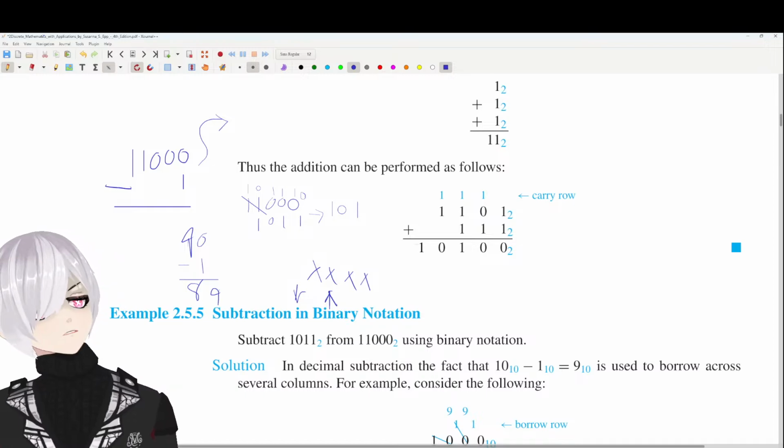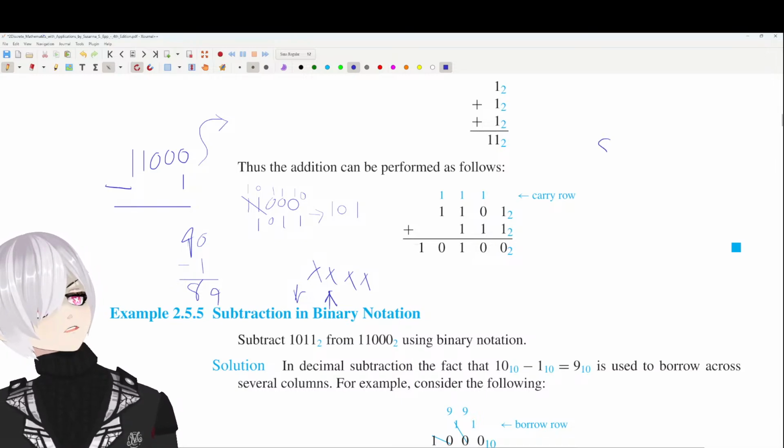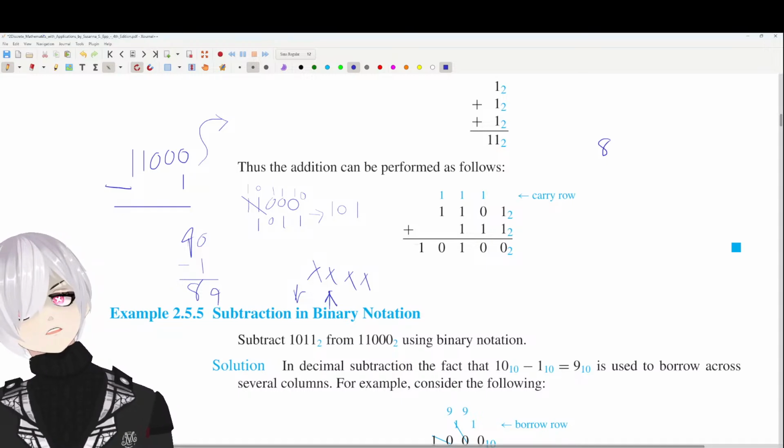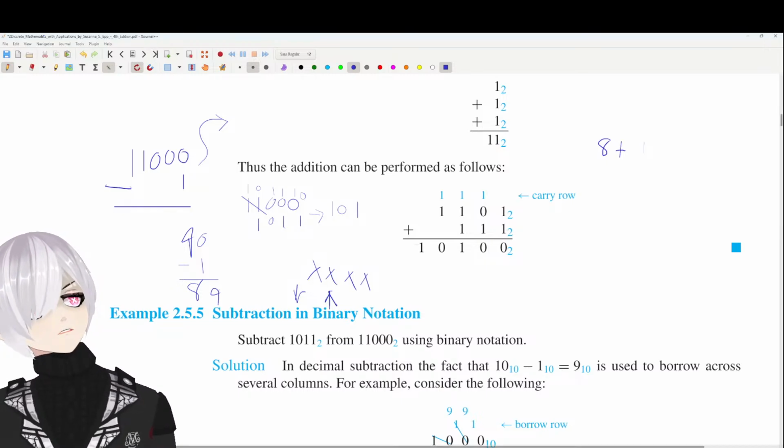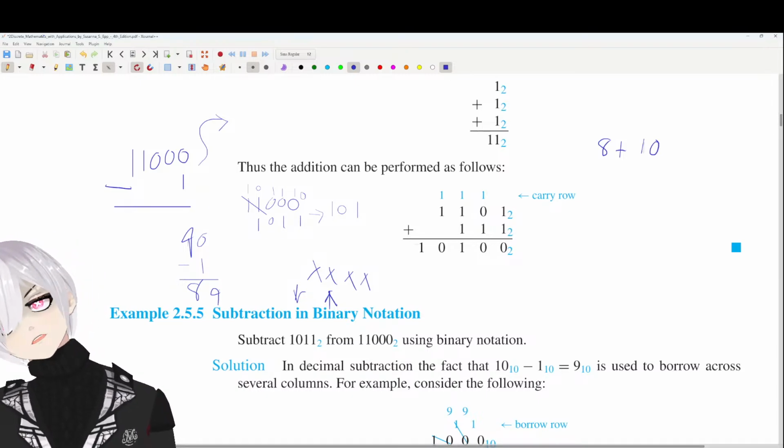90 minus 1 ends up with 89. I guess, why do you end up with a 9? I guess there's like an imaginary 8 plus 10. So that's 90.